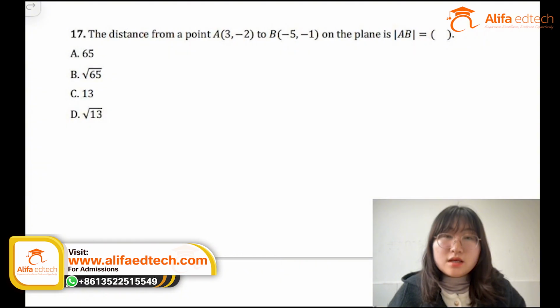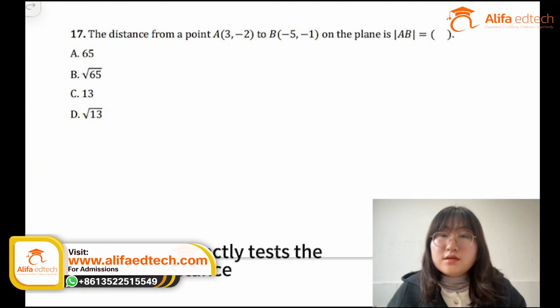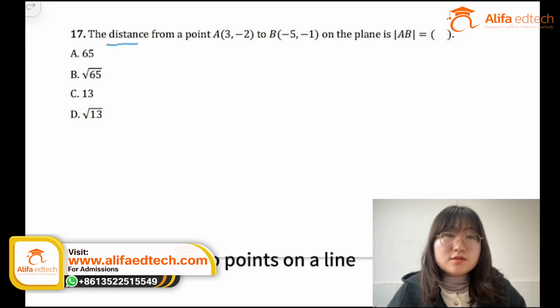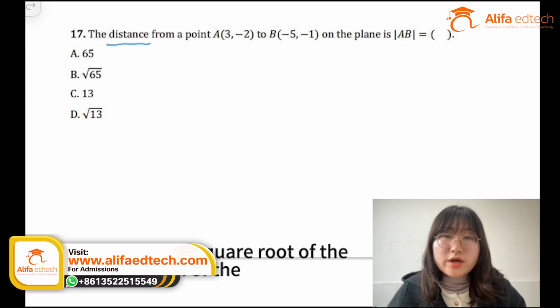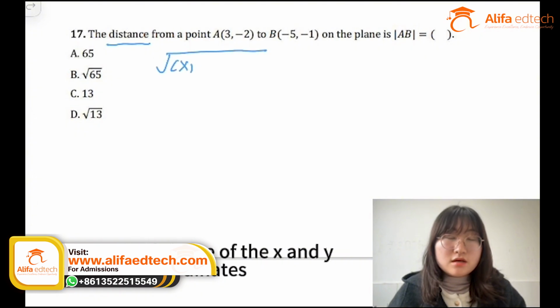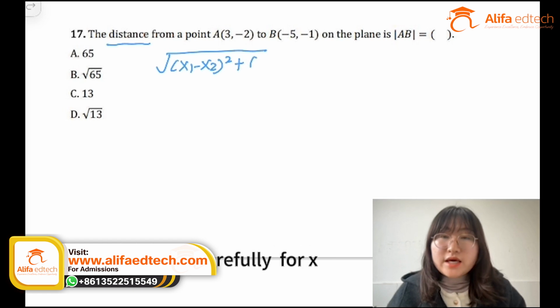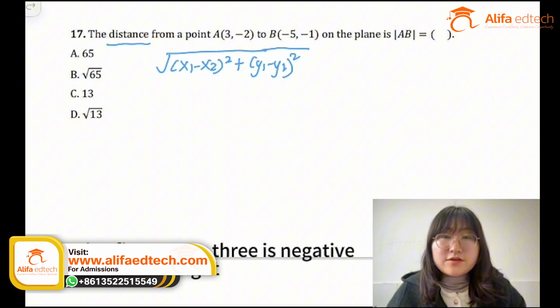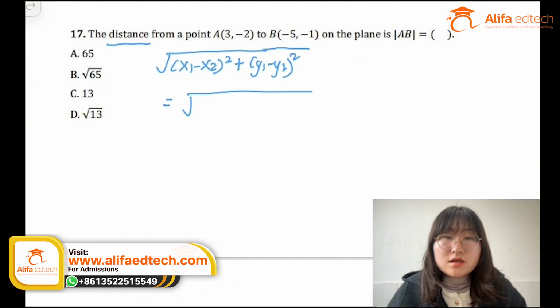Question 17. This problem directly tests the distance formula between 2 points on a plane. The formula is the square root of the sum of the squared differences of the x and y coordinates. Let's calculate carefully. For x, -5 minus 3 is -8.